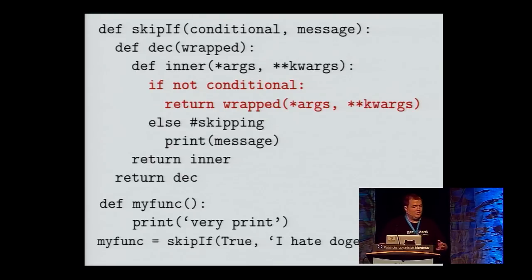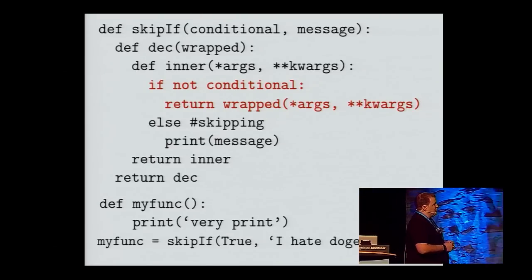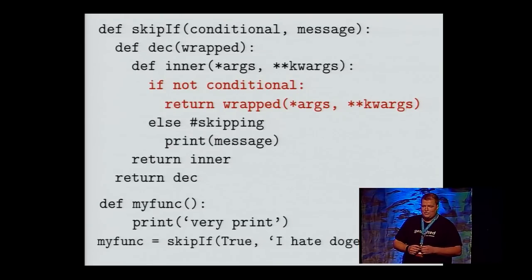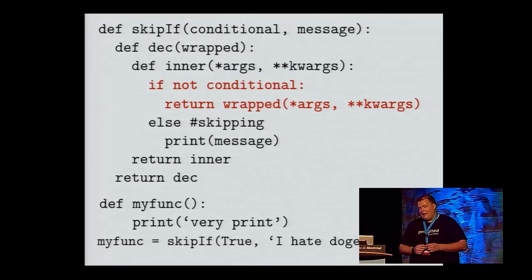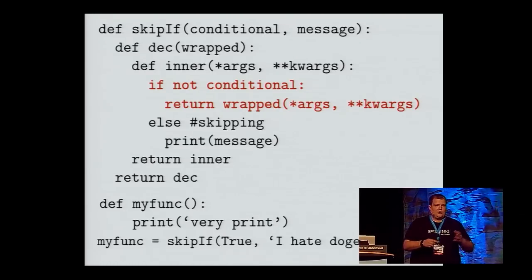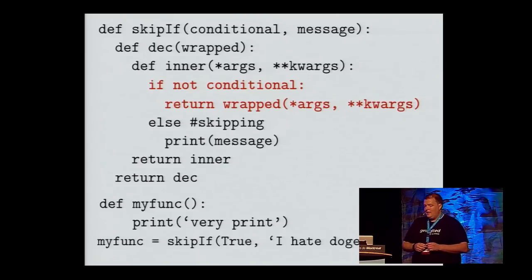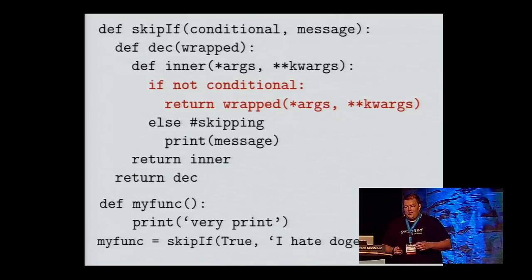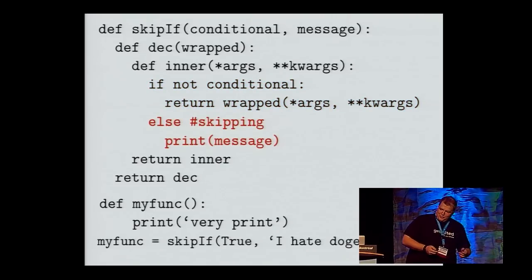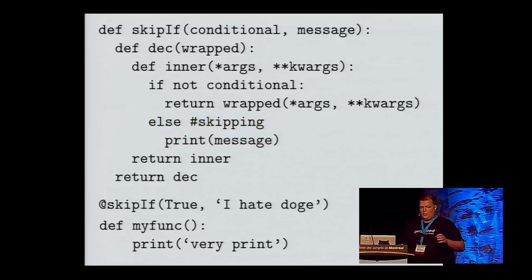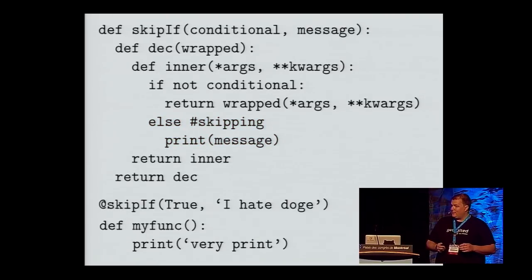Our new behavior here is if conditional resolves to false, then we want to call our function, or our test in this case, and return its return value. Otherwise, we want to skip it and print our message. So that's back to the original syntax there.